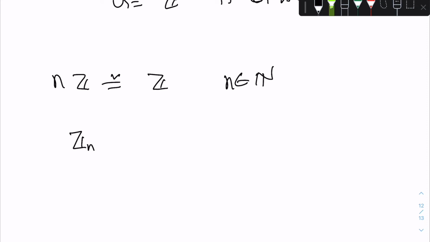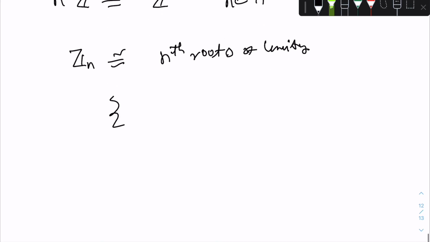So this Zn, you can say that this is isomorphic to the nth roots of unity. The general nth root of unity is a complex number z. This looks like e power 2 pi i k by n, am I right?